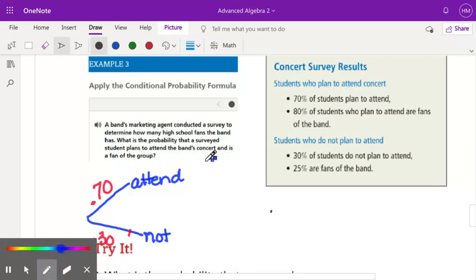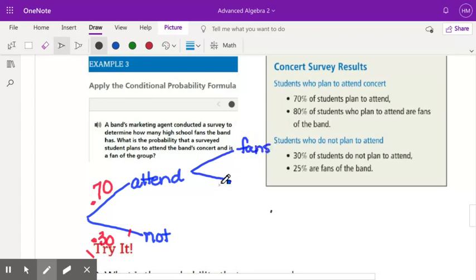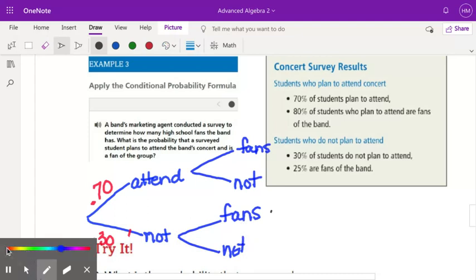All right, then I know that of those who attended, 80% of those are fans. So I'll have fans here, and these guys are not fans. And then the same question was asked for those who did not attend the concert, fans and not. Okay, of those who attended, 80% were fans of the band, so 0.8.